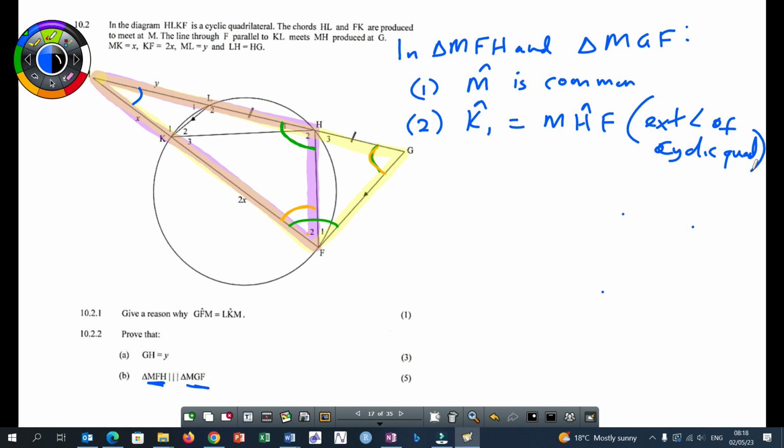And then K1 is equal to angle MFG. Our reason for that is going to be corresponding angles. Then you have to state the lines that are parallel: KL is parallel to FG.